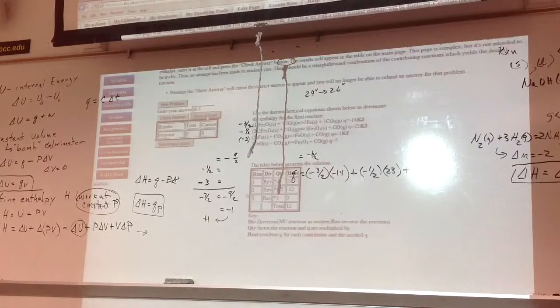So the answer. Oh. And it says 1 you reverse and multiply by 2. Okay. 1 I multiply by minus 3 halves. Then he says 2 you multiply by a half. I don't think he's working with the same set of equations I'm working with.